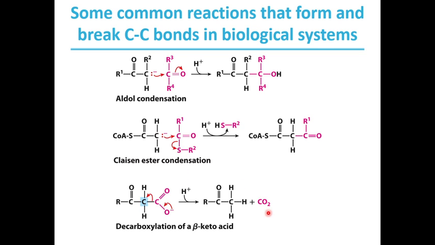In the third reaction, which is a decarboxylation of a beta-keto acid, a carbanion is formed once this carboxyl functional group leaves. And that carbanion is again stabilized by the adjacent carbonyl group. And this is an example of a carbon-carbon bond breaking reaction.